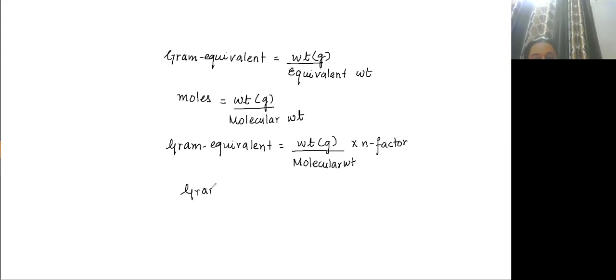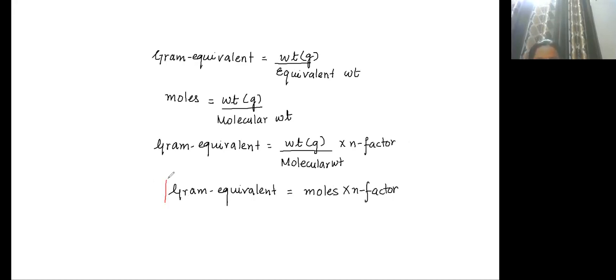So gram equivalent is equal to moles into n factor. Copy this. When you are done with this, let me know.